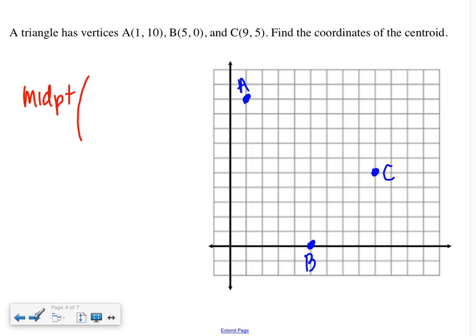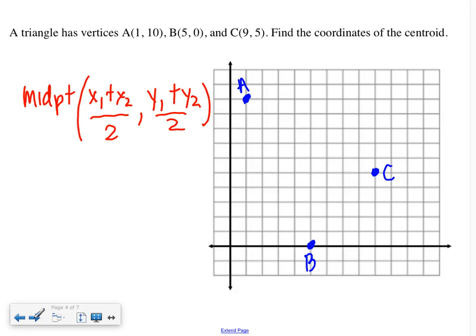Anyone? That's slope. Add your x coordinates, divide by 2. Add your y coordinates, divide by 2. So for this one, let's use the formula to find the midpoint of AB, and then we'll go from there.